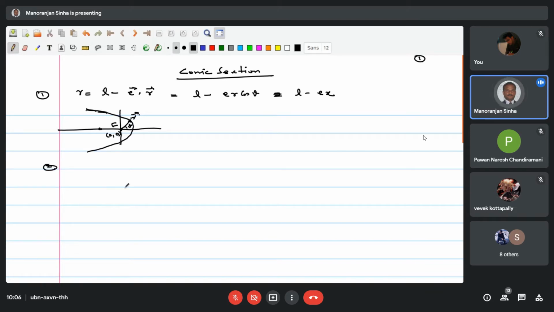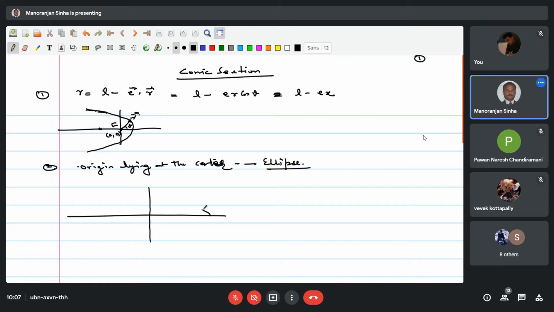On the other hand, if we have the origin at the center, in this case say the ellipse, then in the above equation we need to replace this x by x minus a.